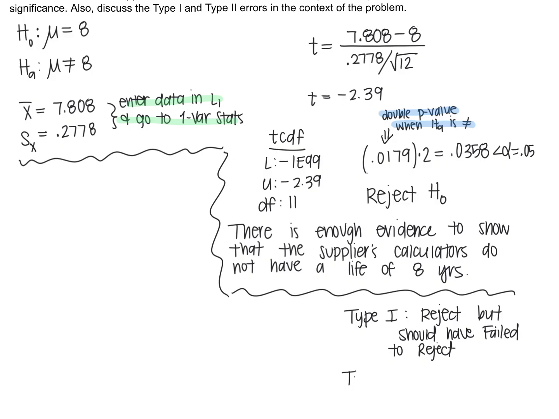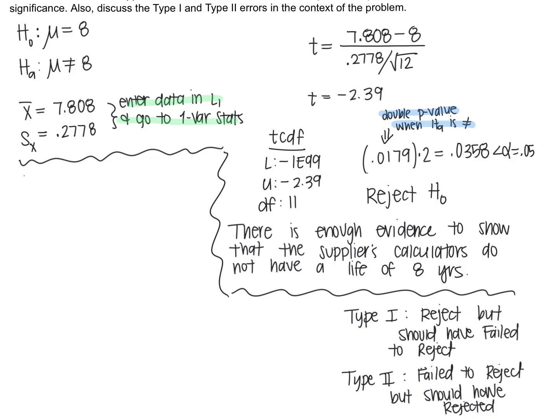And a type 2 is the exact opposite. So failed to reject but should have rejected. So if you are struggling with remembering the difference between a type 1 and type 2 error, write this on your sheet of notes.